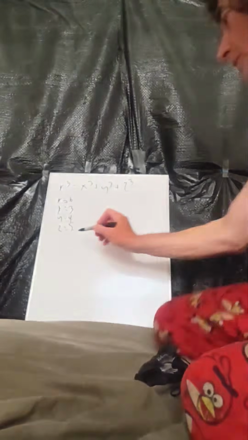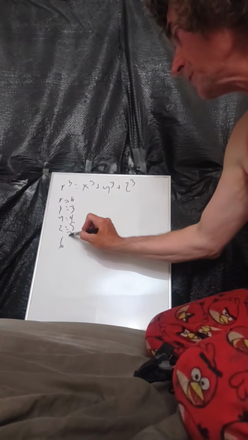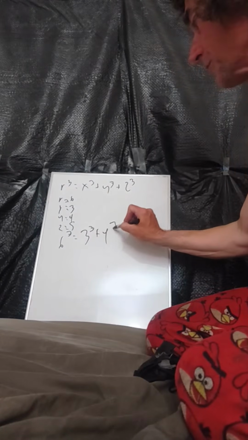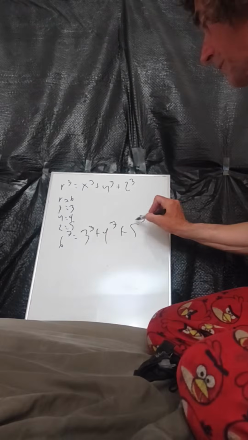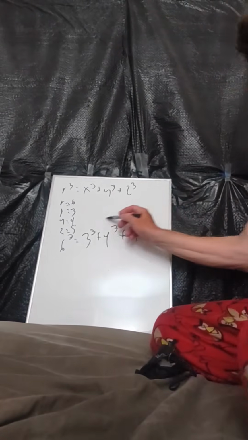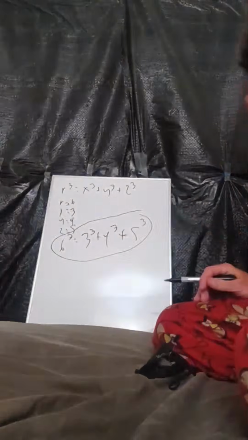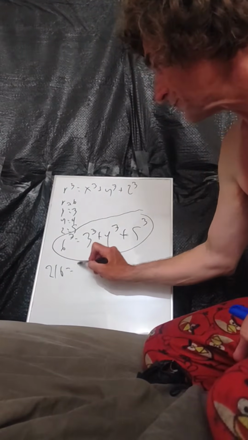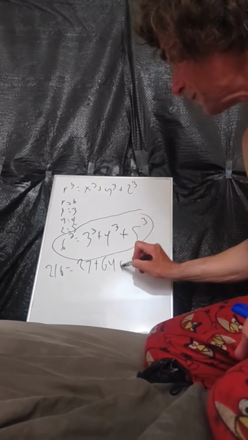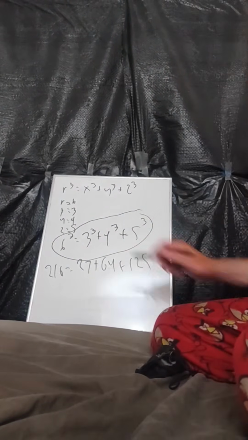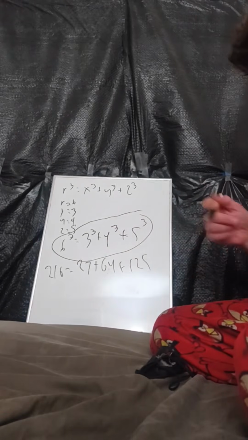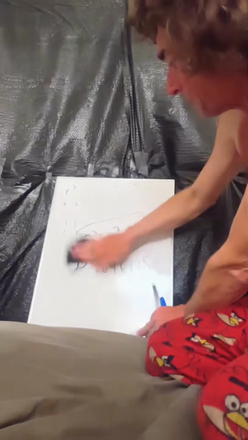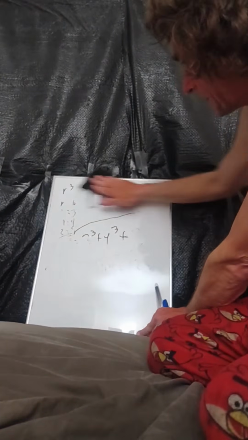So you have 6 cubed equals 3 cubed plus 4 cubed plus 5 cubed. That's actually true, and that's Weismann's formula, because 216 equals 27 plus 64 plus 125. But I took it too far, in the sense I'm going to tell you in a second.